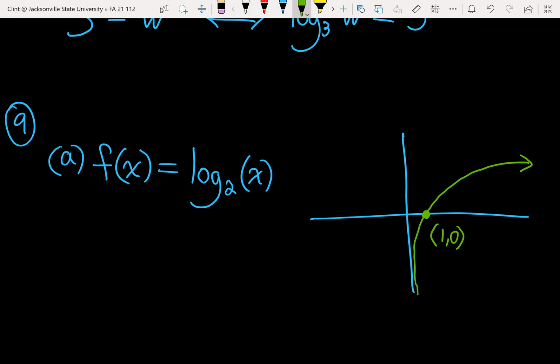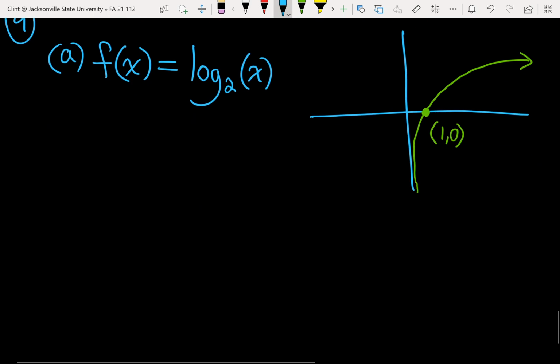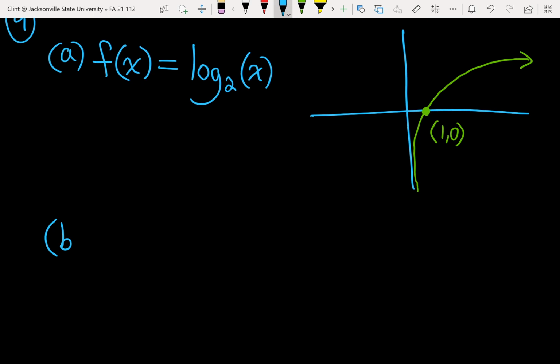So our basic logarithm with a base bigger than 1, that's what we're going to get. I may just give you the function and then have 4 graphs and say match it. Probably the easiest way for me to do that on the test. It is nice starting off with that one though. Then we have that one to refer back to.